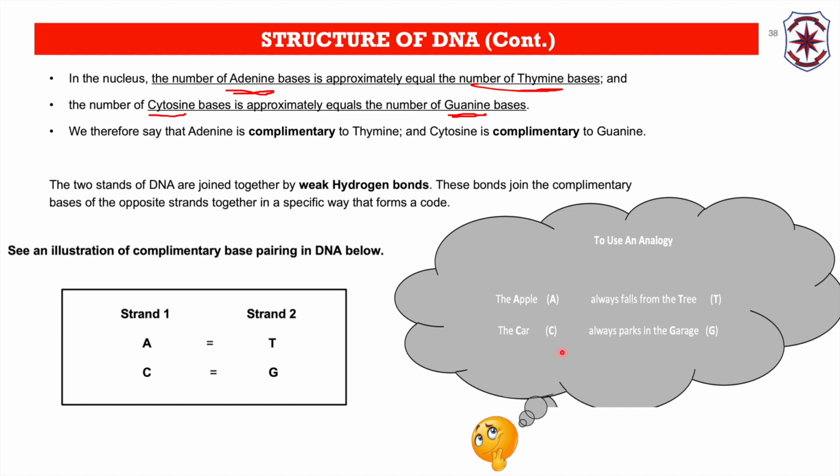All right? And the car, C, for cytosine, always parks in the garage, G, for guanine. The car, C, always parks in the garage, G. So this means C is always complementary to G. I hope this makes it easier for you to remember.